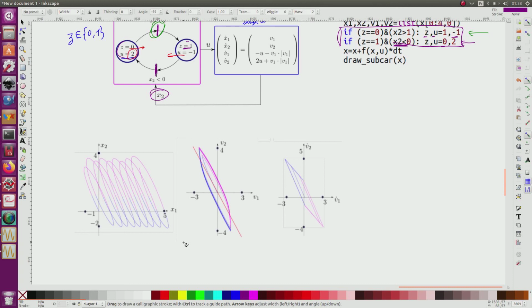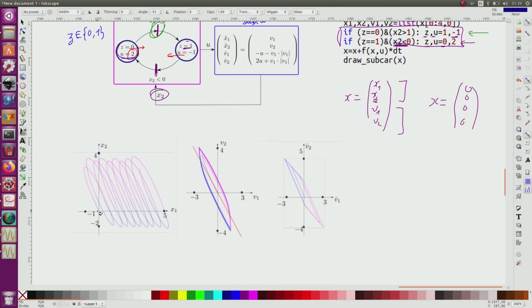In this picture I have represented the trajectory of x. So recall that x is equal to x1, x2, v1, v2. So to represent the trajectory in a two-dimensional plane, I can choose either x1, x2 or v1, v2. Here I choose x1, x2, and for the initialization I have taken all equal to 0.